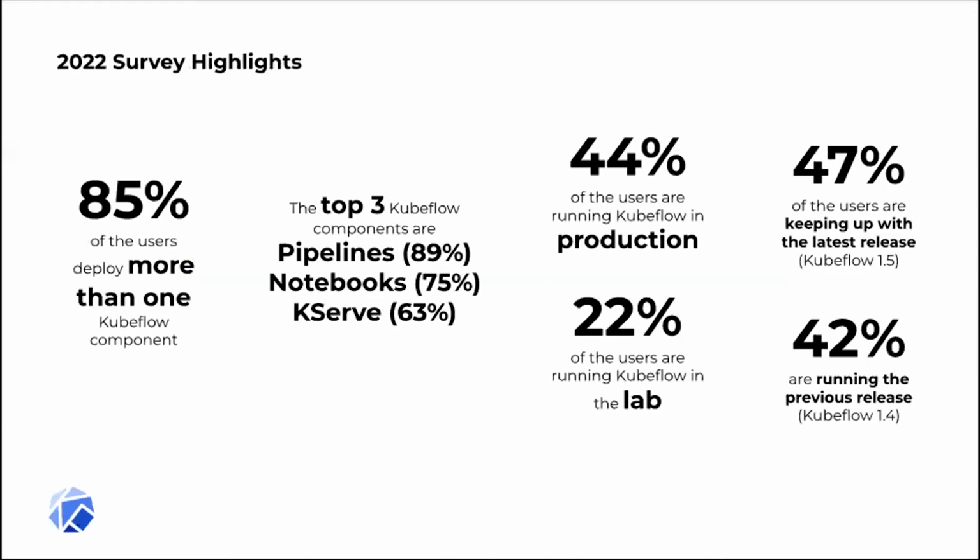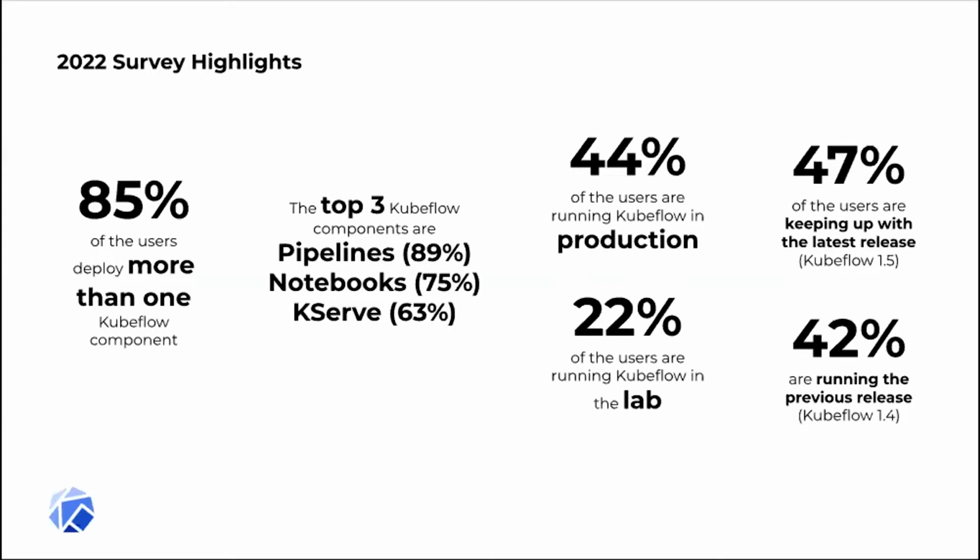So based on the multiple choices and free-form answers, some of the highlights that the survey revealed: first, 85% of the users deploy more than one Kubeflow component. The top 3 Kubeflow components are pipelines, notebooks, and Kserve.